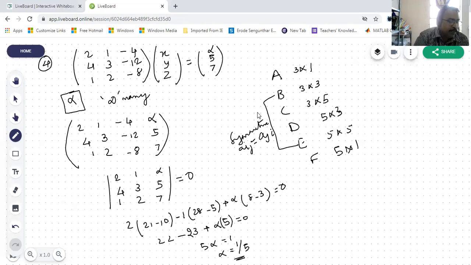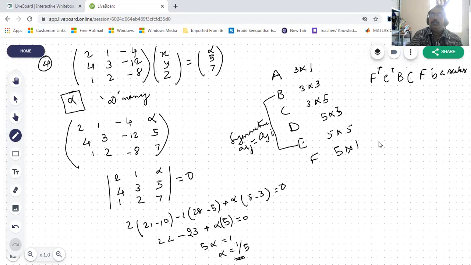The following statements are made with respect to these matrices. Statement 1: the matrix product F transpose, C transpose, B, C, F is a scalar. This is question number 1. There are two statements.